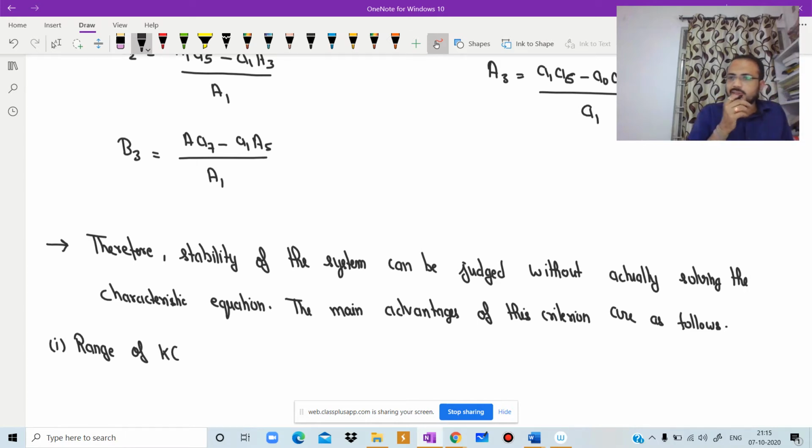Suppose there is any constant k, the range of k, that is system gain, can be determined for stable operation.